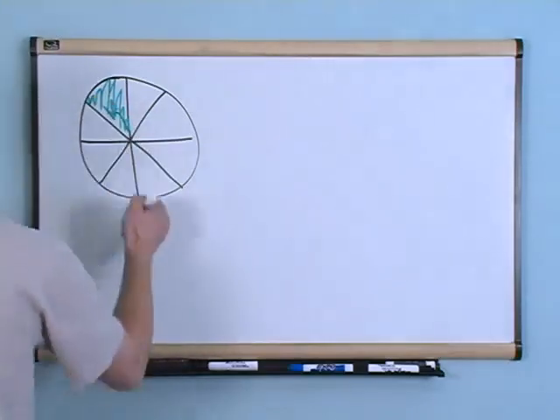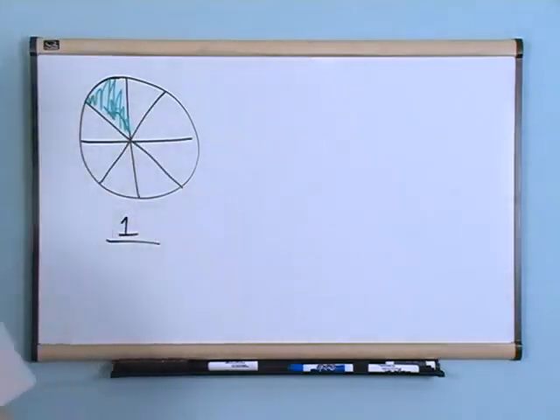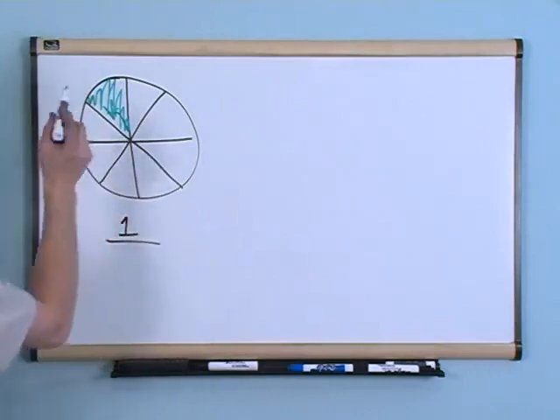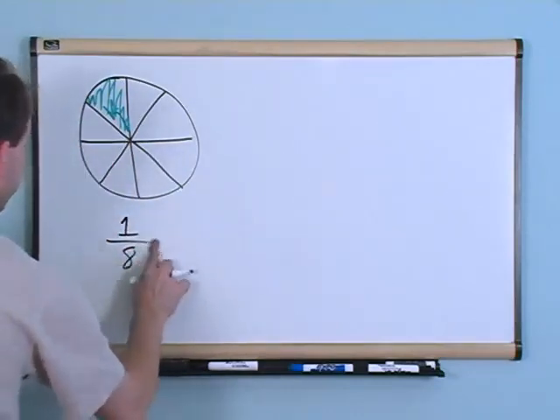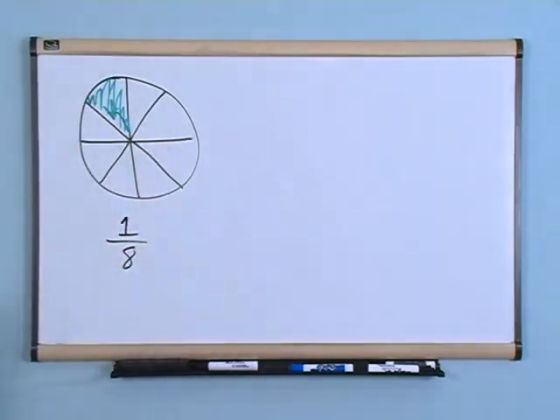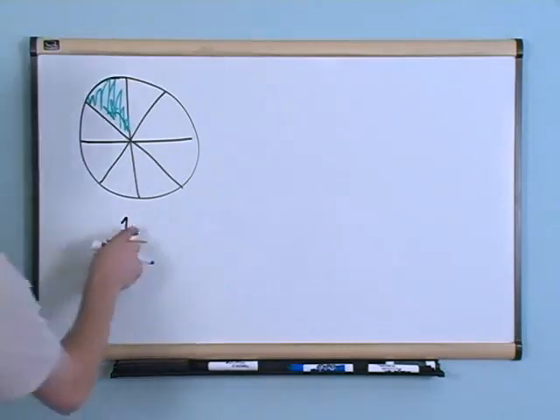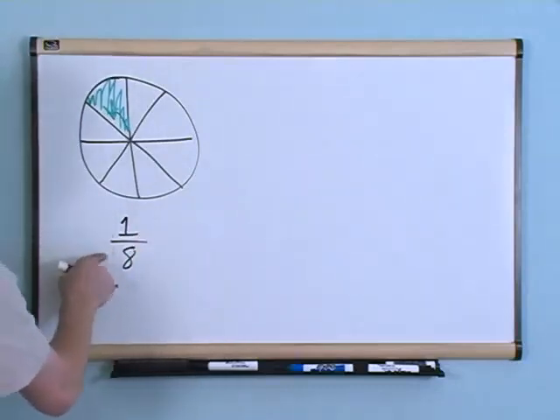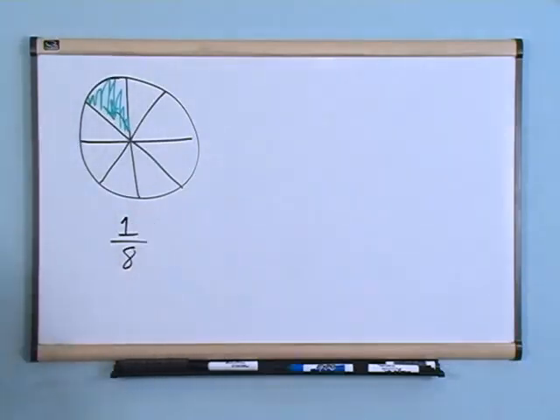Well, I've got 1 piece of pie out of a possible of 1, 2, 3, 4, 5, 6, 7, 8 pieces of pie. So this is the fraction. It's called 1/8. Can you reduce this fraction anymore? No, you can't, because you can't divide the top and the bottom by anything else and make it any simpler, because the only thing that divides into 1 is 1. So you really can't do that.